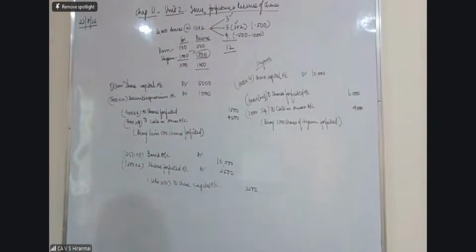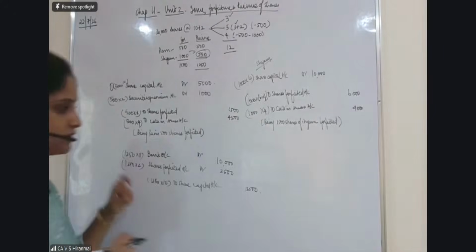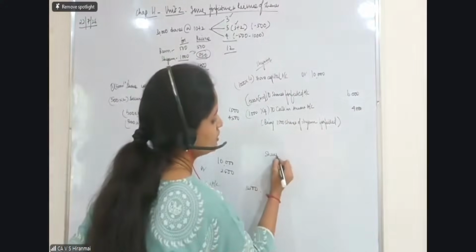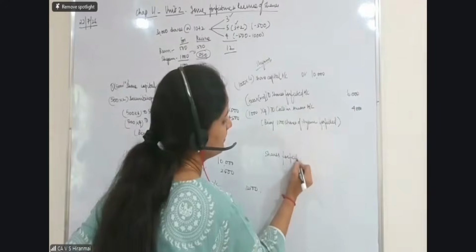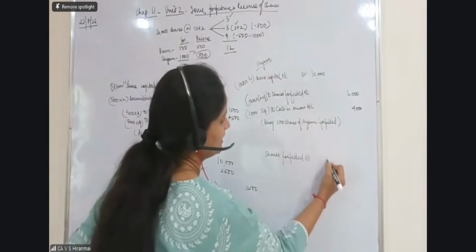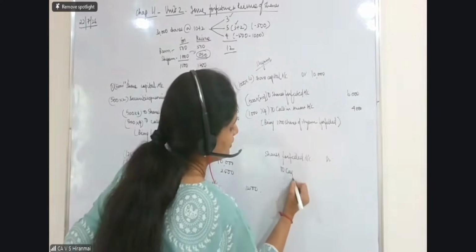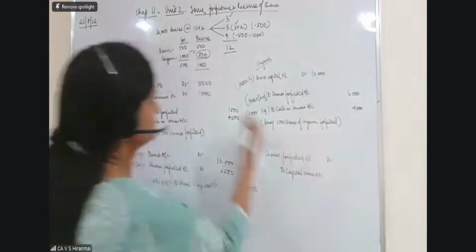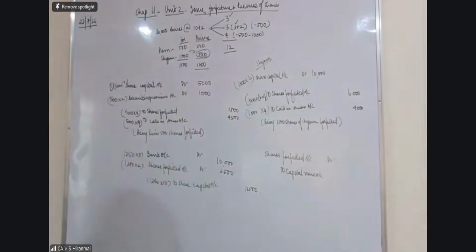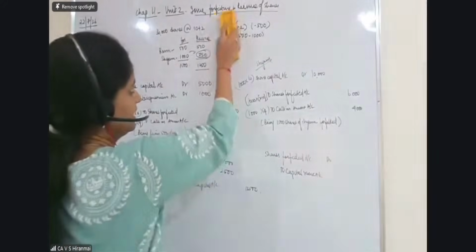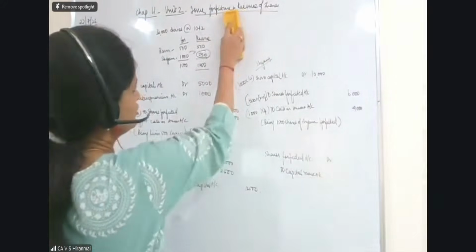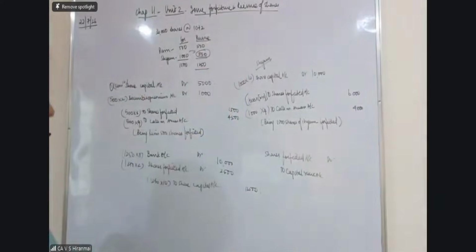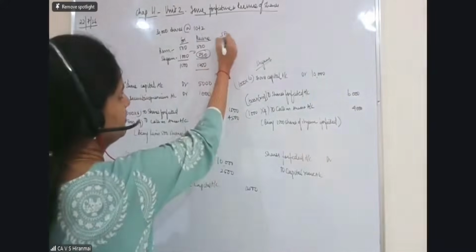Now, my dear students, please see how do I calculate the final entry of shares forfeited to capital reserve? That I need to take, no? So here only, as I was talking, all of you please see the same thing here. I am now going to show you the working note. So reissued is so much, correct? Now what is the shares forfeited amount?